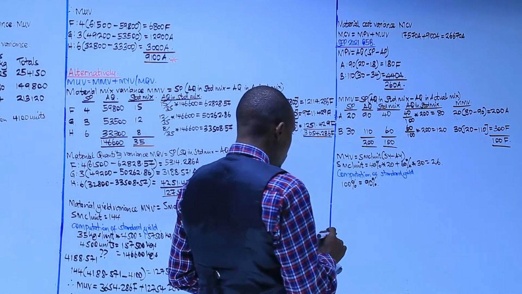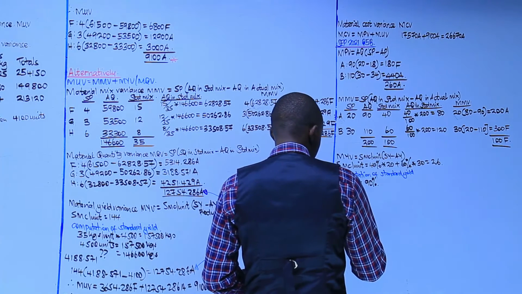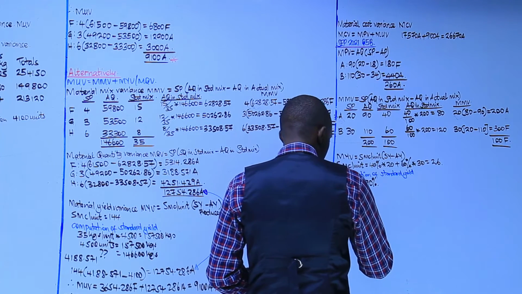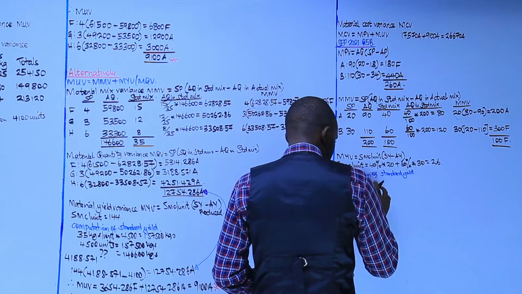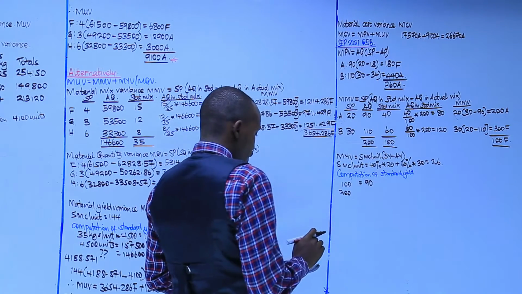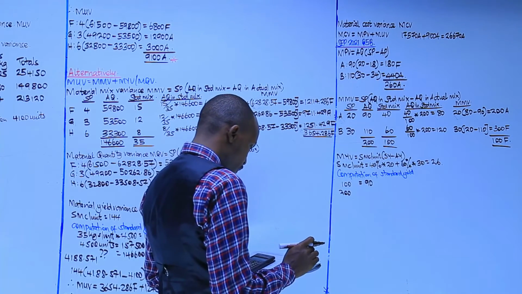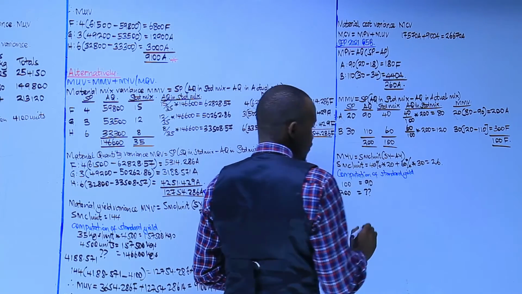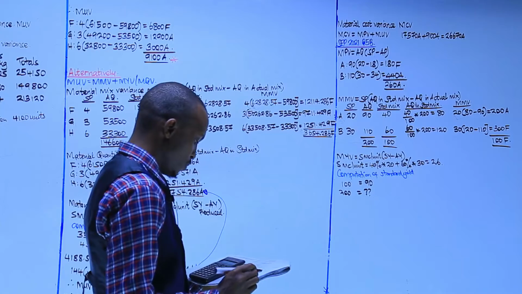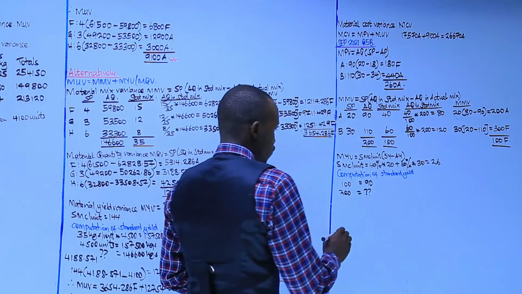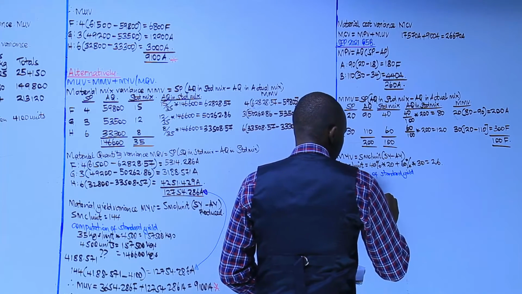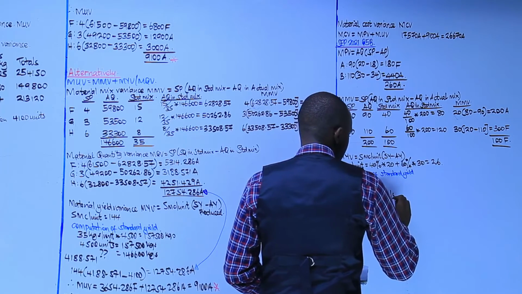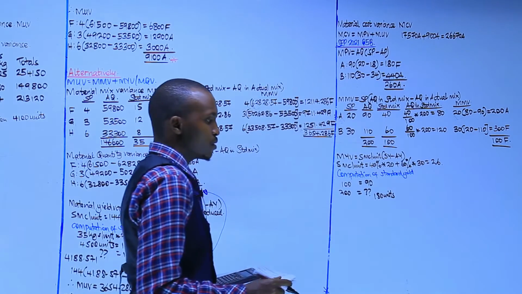If you introduce 200, how much should have been your standard yield? Your standard yield should have been 180 units.